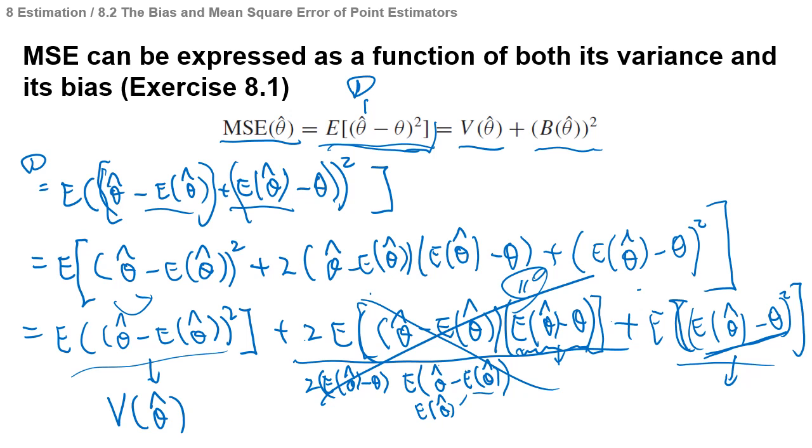These values are constant, and the expected value of a constant is that constant, so this expectation goes away, and this is just bias of zeta hat squared. Okay, so this is the proof for why the mean square error of zeta hat is the sum of the variance term plus the bias squared term. And so minimizing mean square error implies that we want to minimize both the variance and the bias.